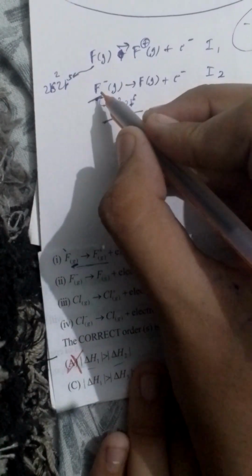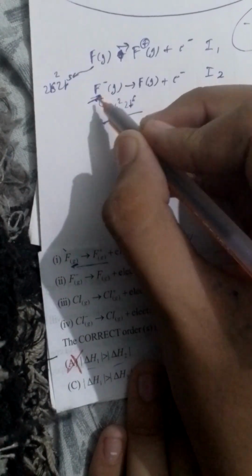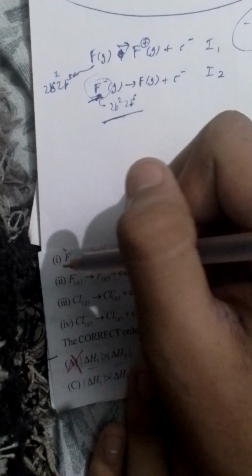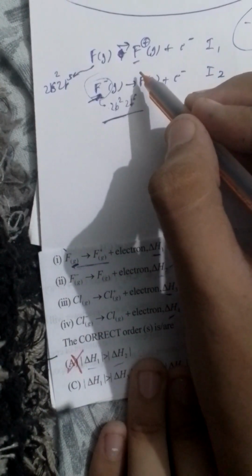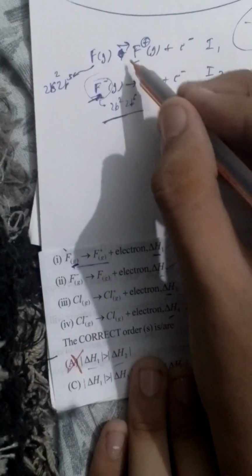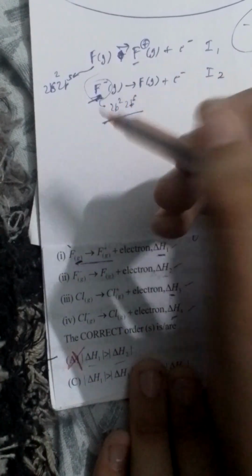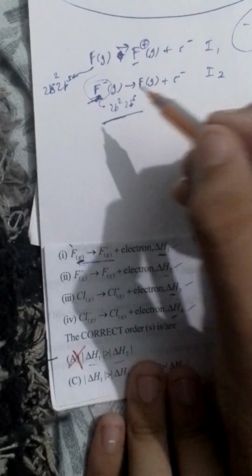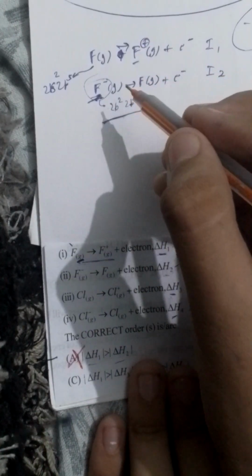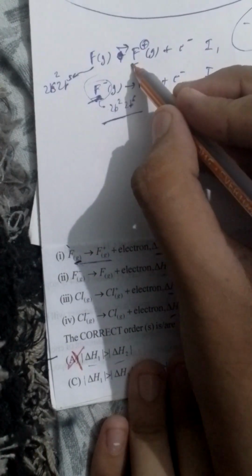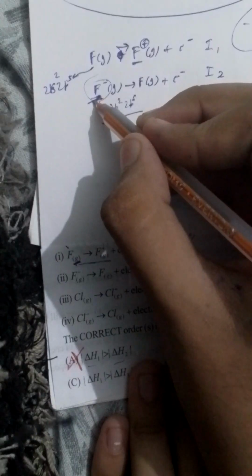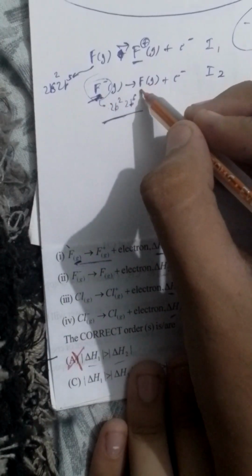So we should check. We can see that F minus is a very stable ion, whereas F plus is very unstable, because fluorine is highly electronegative and a very small atom, and on a very small atom both minus and plus are unstable. So this is kind of stable, and this is also stable.